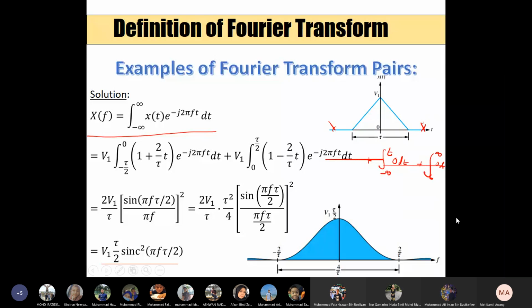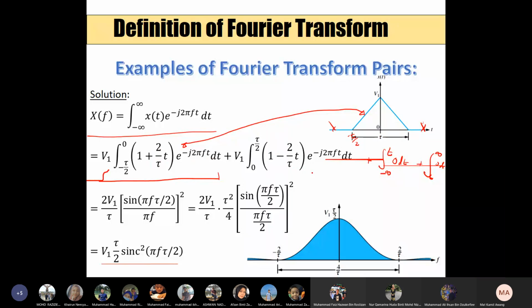This part is the integration for one side, from minus tau over 2 to 0, where the function is 1 plus 2 over tau times t.